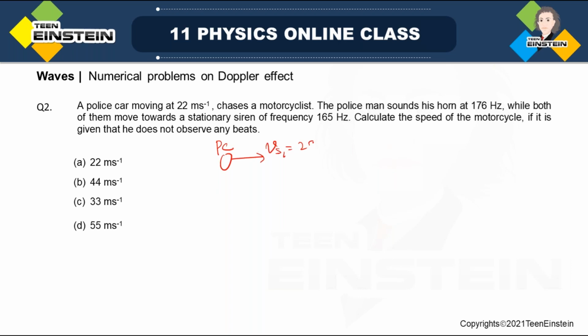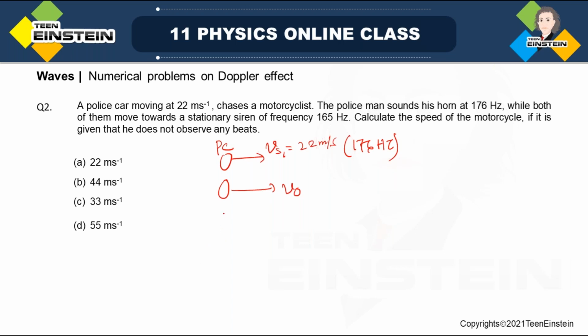That is 20 meter per second. Then the motorcyclist is also moving in the same direction. We don't know the speed. Suppose this is V observer. So in this case, the frequency of the sound wave was like this.